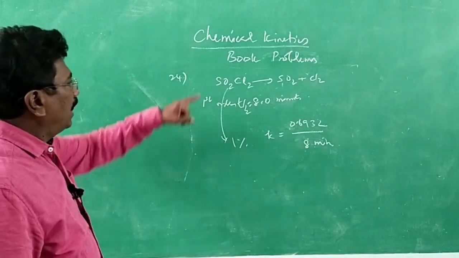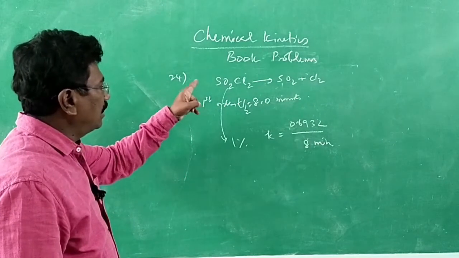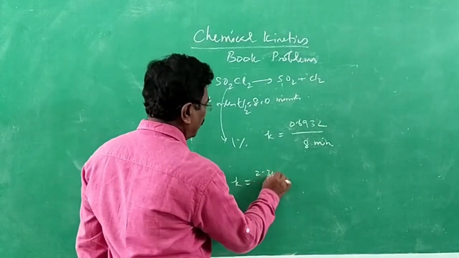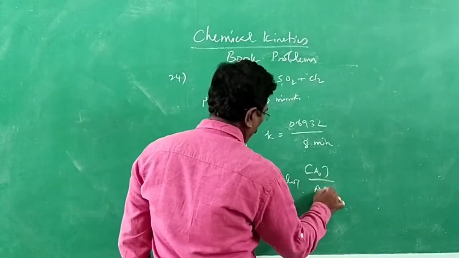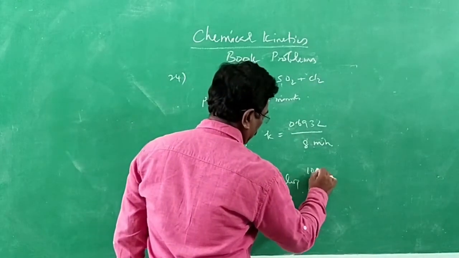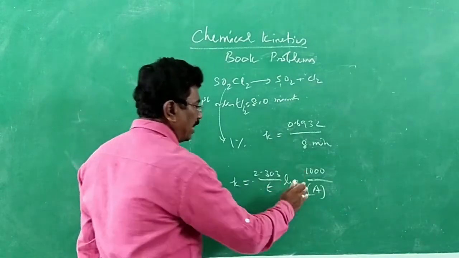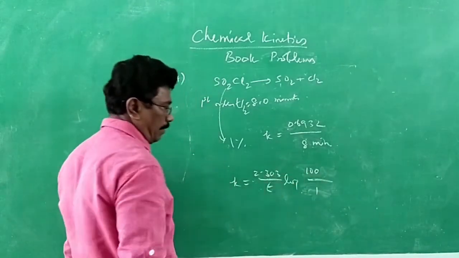Now, they asked us to calculate the time required for the initial concentration to be reduced to 1%. We know K is equal to 2.303 by T log A naught by A. What is A naught? Initial concentration. Let the initial concentration be 100. What is A? Concentration remaining at time T, that is 1, to be reduced to 1%. 100 should be reduced to 1.